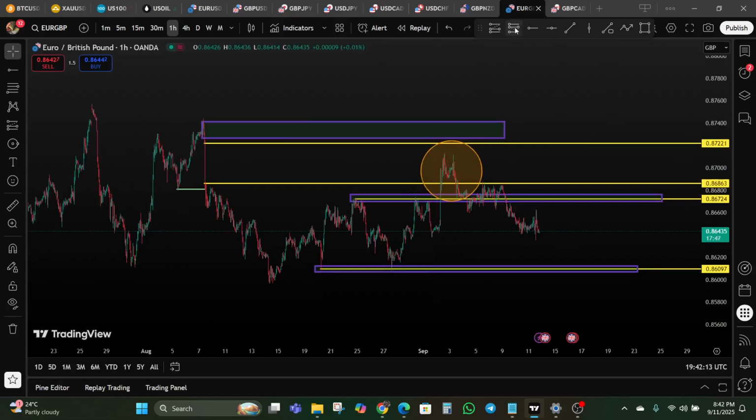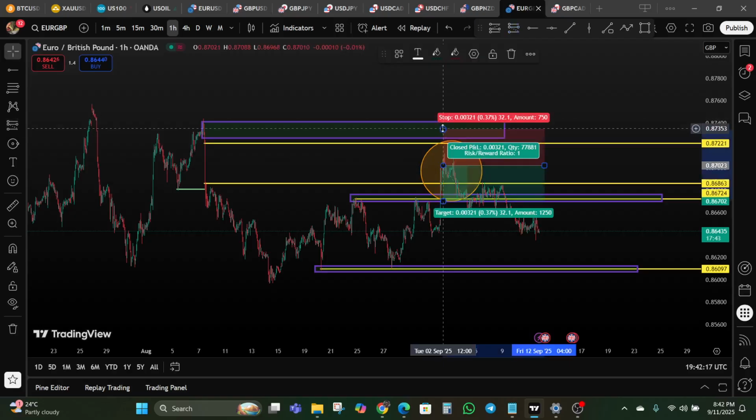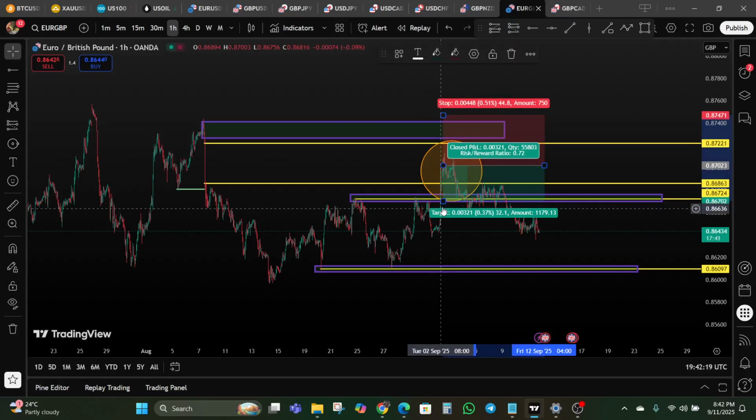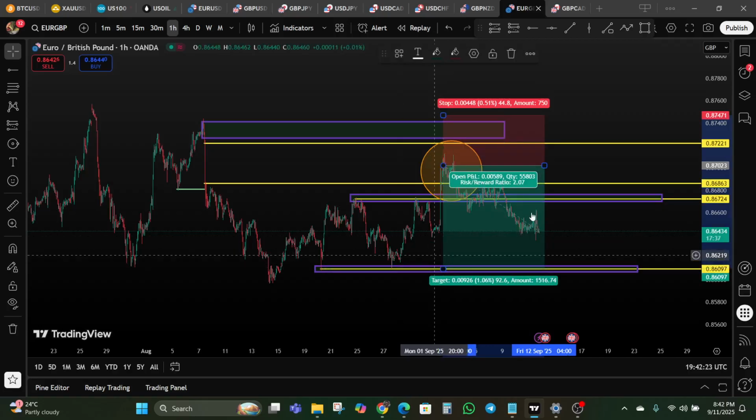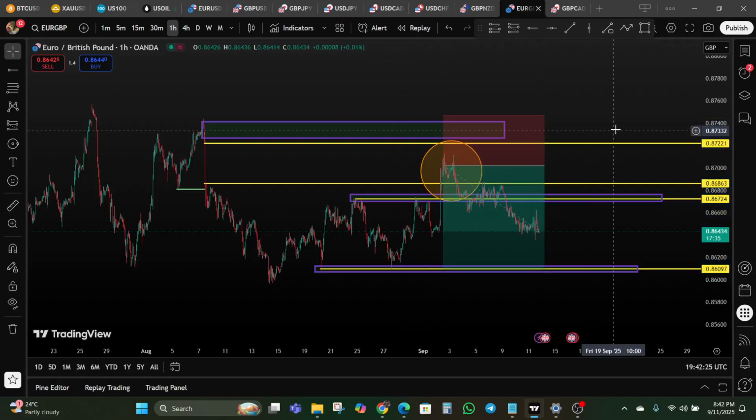So depending on wherever you are entering from, after you have calculated the amount you want to risk, you should always ensure that your target is at least 1:2. Make sure that you are targeting at least 2 times what you're risking, minimum. So basically you should always have a good risk to reward ratio whenever you want to execute a trade.